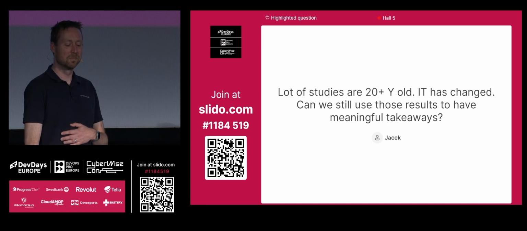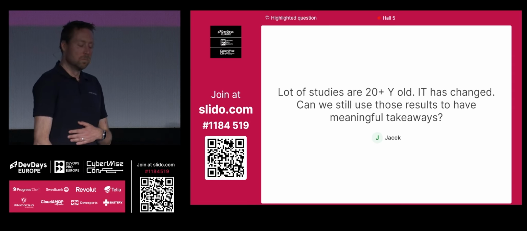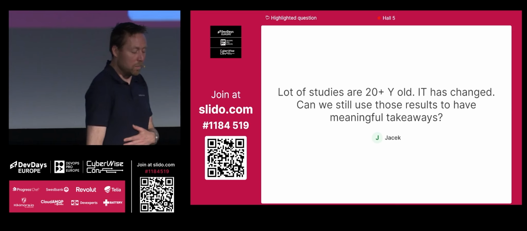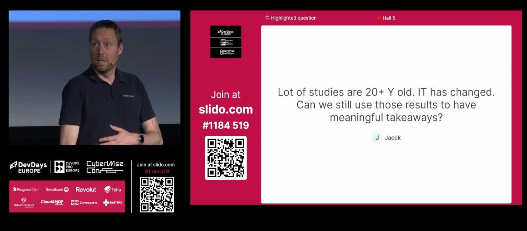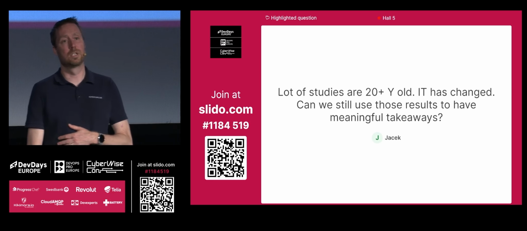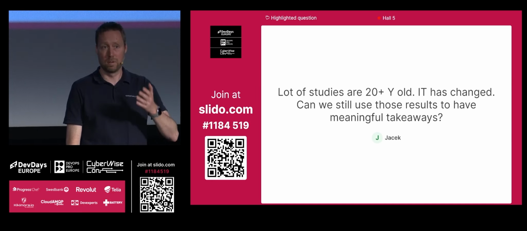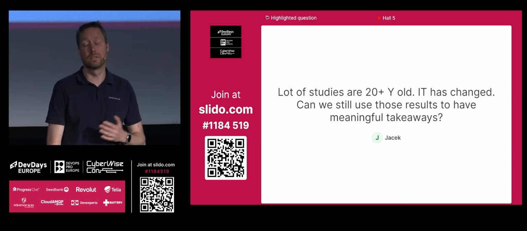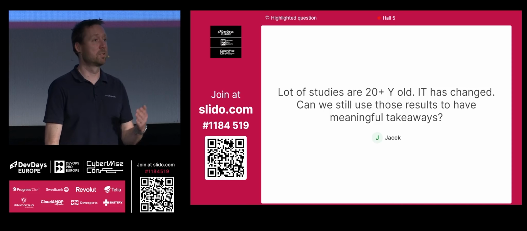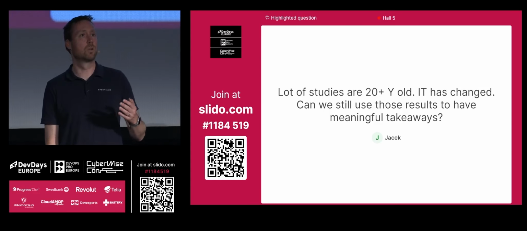Lots of studies are 20 plus years old. IT has changed. Can we still use those results to have meaningful takeaways? Well, Gunnar H.'s PhD was in 2015, so that's not too old, I would say. That's one thing. And the specific work that he put into it is all from the last 10, 15 years. Yes, there are a bunch of studies that I made references to that are way older. But a lot of the things mentioned in those studies are general concepts.